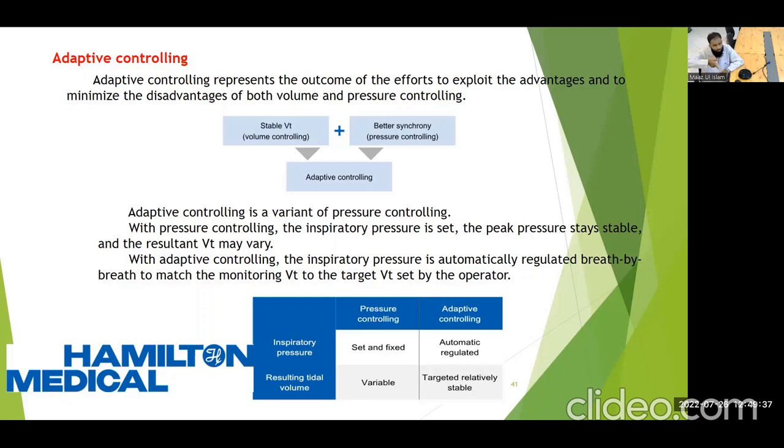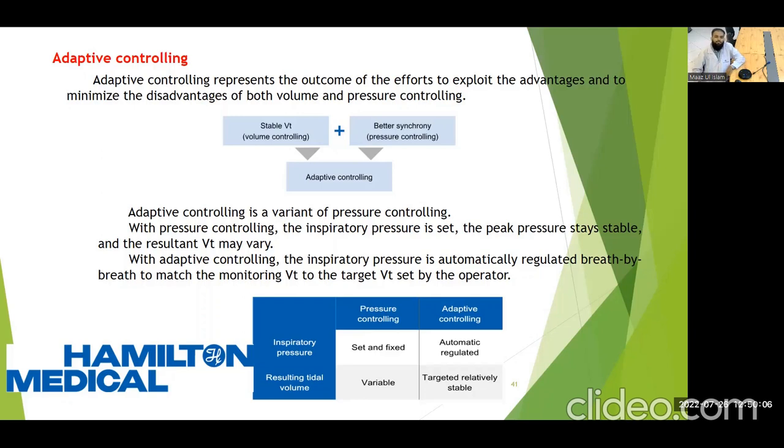We set the tidal volume and the desired volume will be achieved through pressure controlling. In the normal volume control mechanism, we set the tidal volume and the tidal volume is achieved through flow. But in adaptive controlling, we also set the tidal volume, but the target tidal volume will be achieved through pressure.